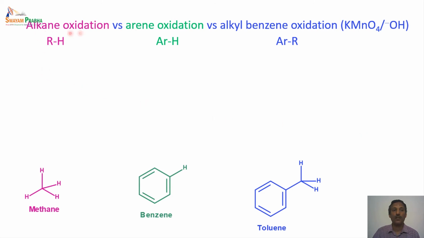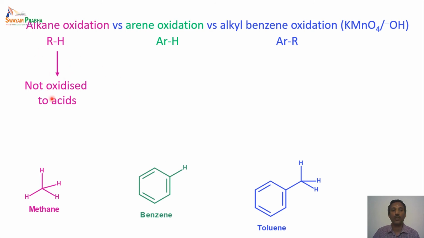Now, we have three examples here: alkane oxidation versus arene oxidation versus alkyl benzene oxidation, because we know alkyl benzene can be oxidized to carboxylic acid, whereas alkanes like methane cannot be oxidized. In the same way, arenes like benzene cannot be oxidized. So why does this not happen?